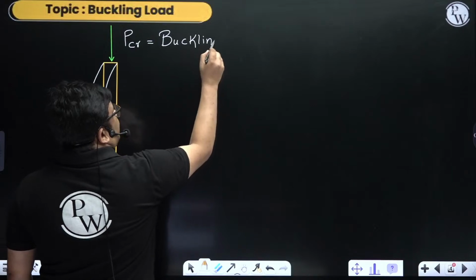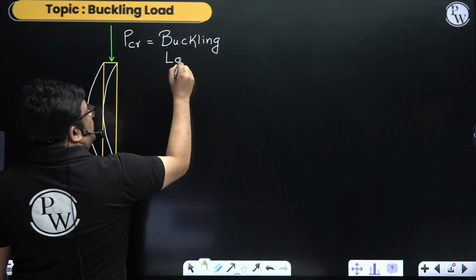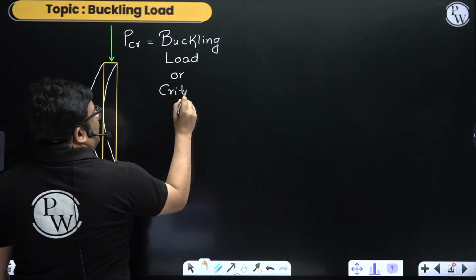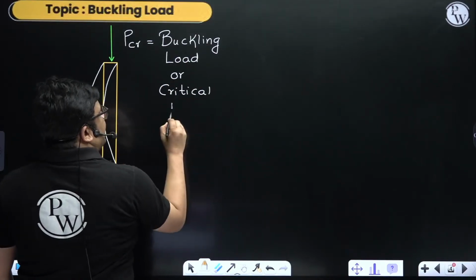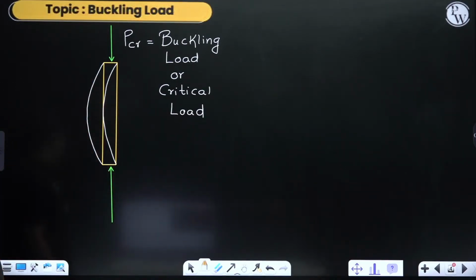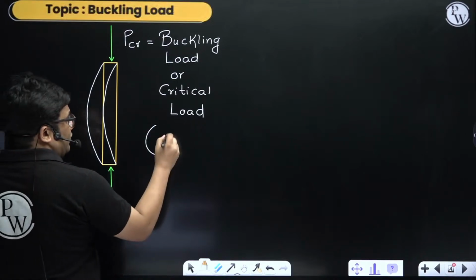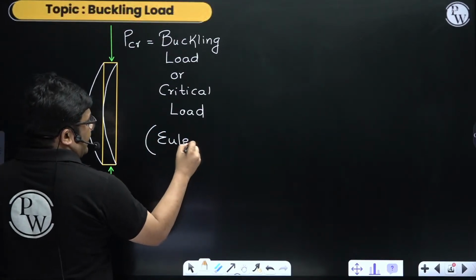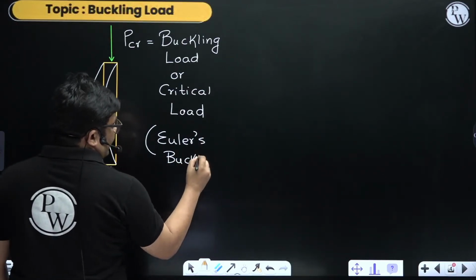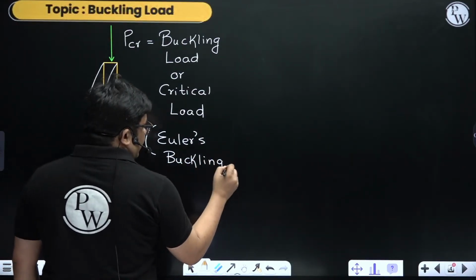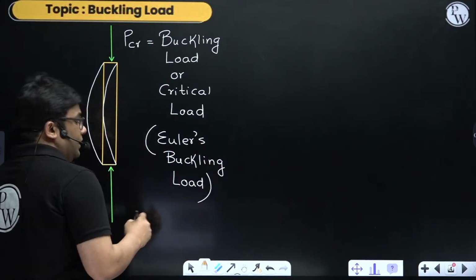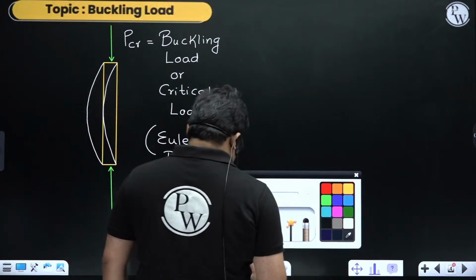It is also known as Euler's buckling load. The load responsible for buckling of this column is known as Euler's buckling load.